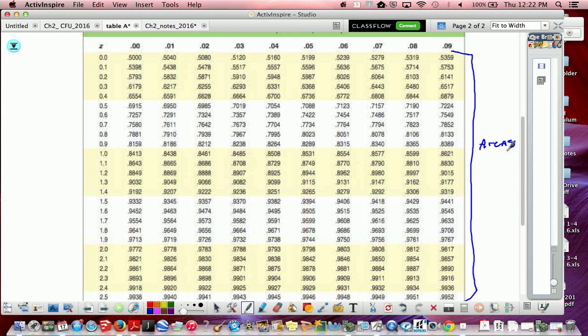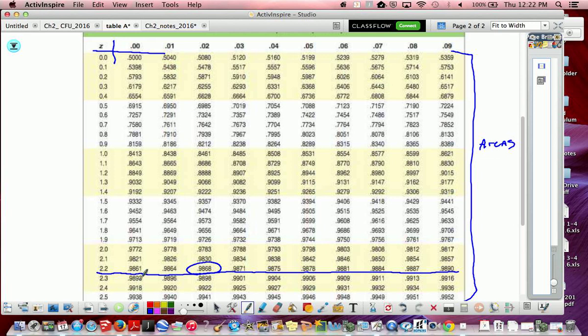Our number was 2.22. So I go along this line at 2.2, because here's my z-score. But I have a hundredths place too. Notice up here is your hundredths place: 0, 1, 2, 3, 4, 5, 6, 7, 8, 9. So when I'm looking at 2.22, I'm going to the third value in the table, because this is 2.20, 2.21, 2.22, 2.23, all the way up to 2.29.